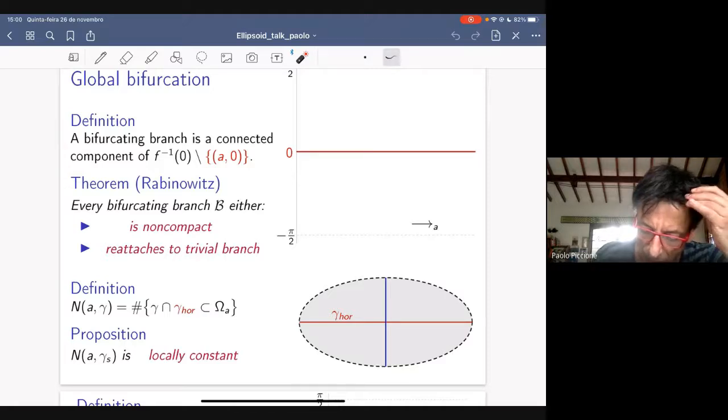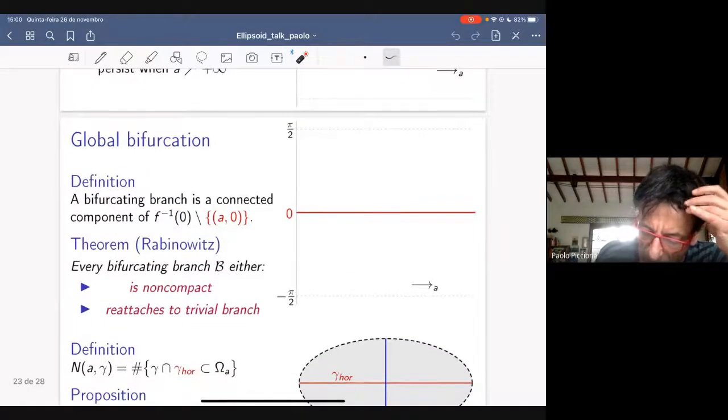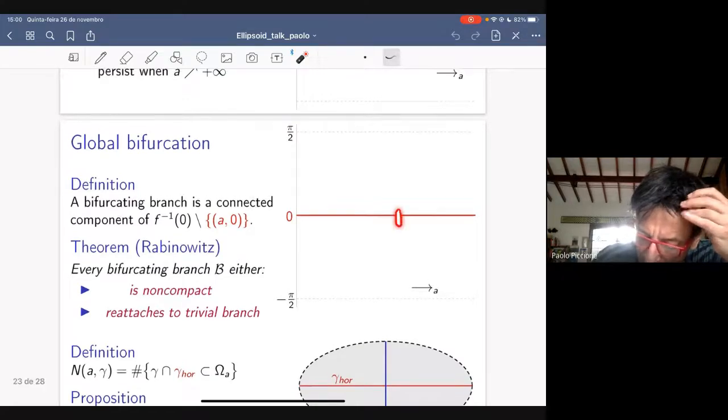Also, what happened is that we also proved that these bifurcation branches, for every a, must stay away from pi over 2 and minus pi over 2, okay? So what happens with this bifurcation branch when they go to infinity? They cannot go to infinity here because it has to stay away from here.